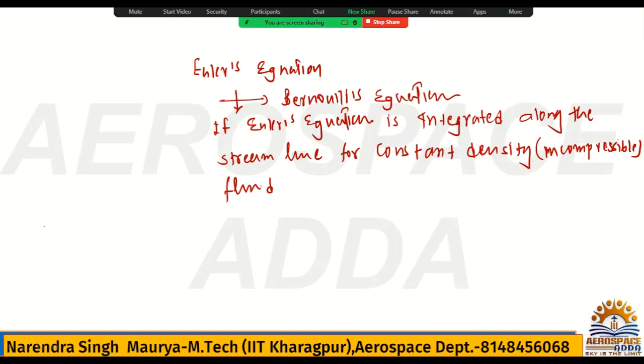How to get the equation? We have Euler's equation: dp by rho plus V dV equals 0.